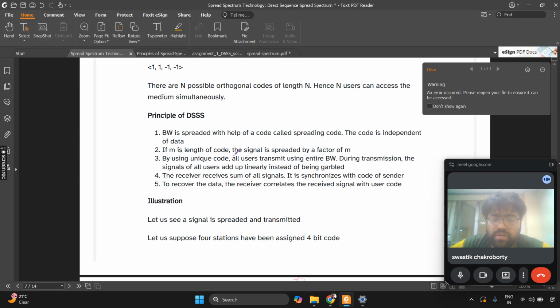The code is independent of the data, and by using a unique code, all users transmit using the entire bandwidth. The receiver receives the sum of all those signals and synchronizes with the code of the sender. To recover the data, the receiver correlates the received signal with the user code.